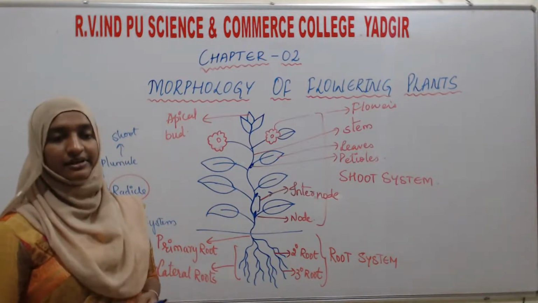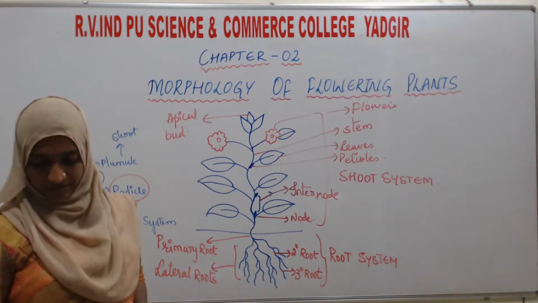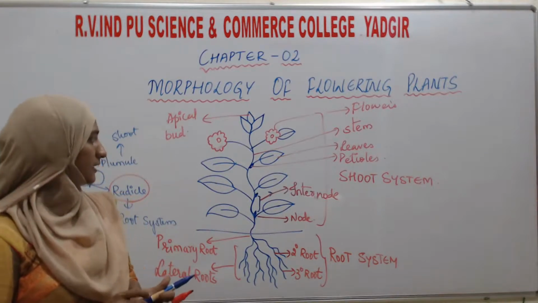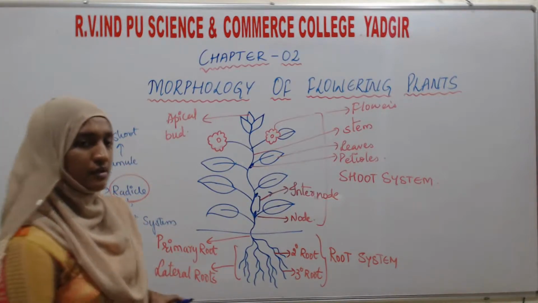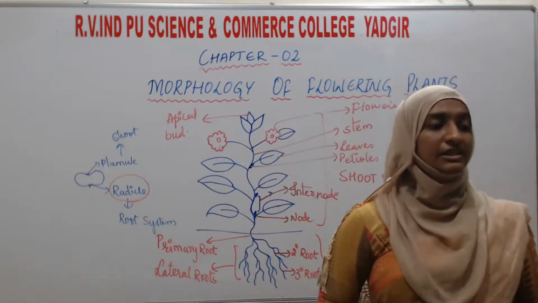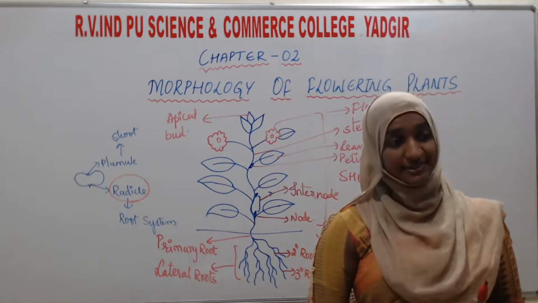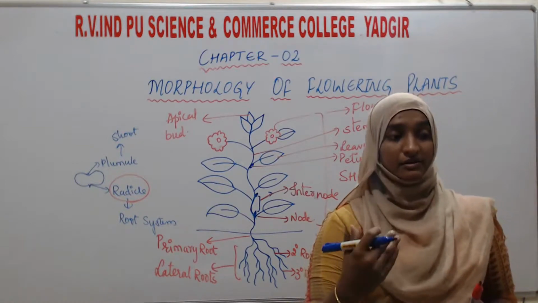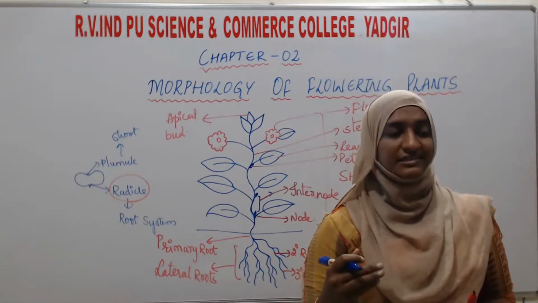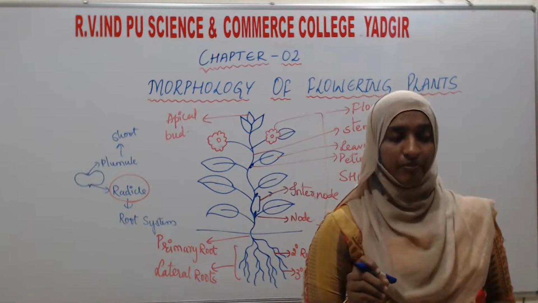See, once again I will tell you about the structure of this flowering plant. Listen here. First thing, the morphological structures. All these things are the morphological structures of the flowering plant. Morphological structures means by seeing externally, from the outer side, you can see certain features, certain parts of the plant body.